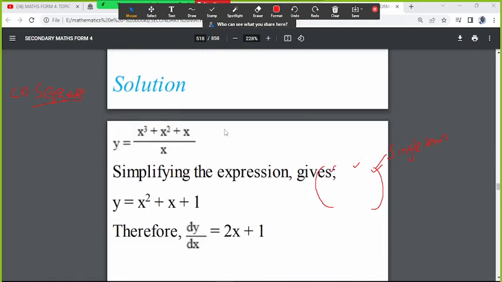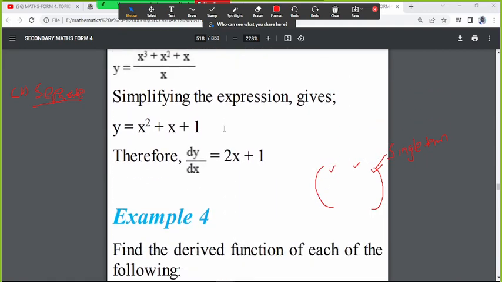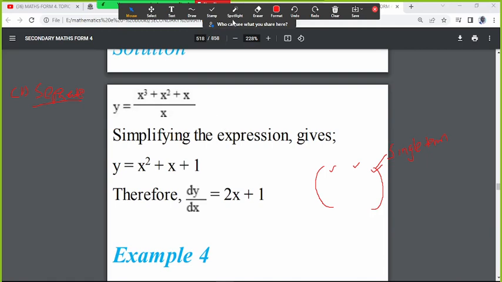So separating the terms, we simplify. Let's see the genesis of this one. This is the same as x cubed over x plus x squared over x plus x over x, because the denominator is the same.